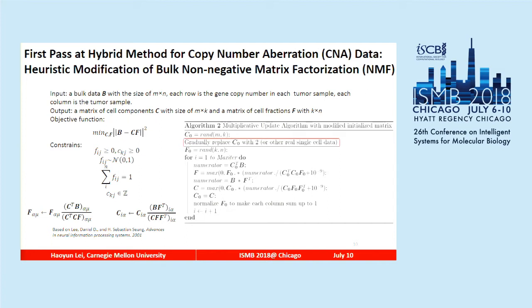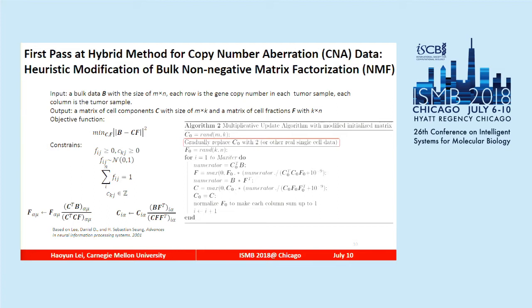The original optimization is non-convex, and it's hard to find the global minimum, but we can fix C or F and iteratively optimize F and C, so we can get a good local minimum.